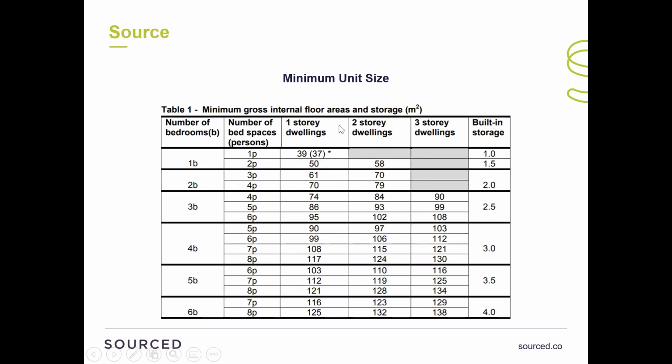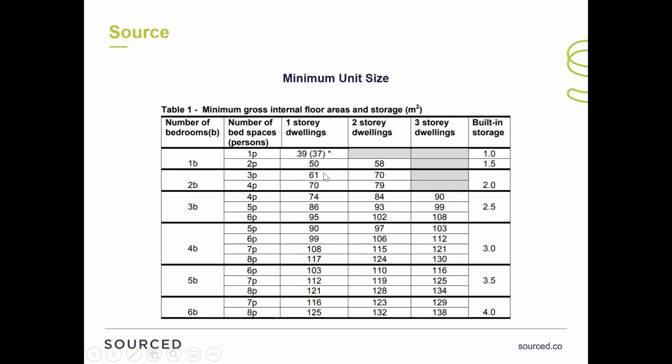So 1-story dwellings, which is what most flats are. So let's concentrate on this column here. 1-story dwellings, a 1-bedroom, which is a double bedroom, is 50 square meters. 1-story dwelling, again, 2 bedrooms, of which both of them are doubles, is 70 square meters, or 1 double and 1 single is 61 square meters.